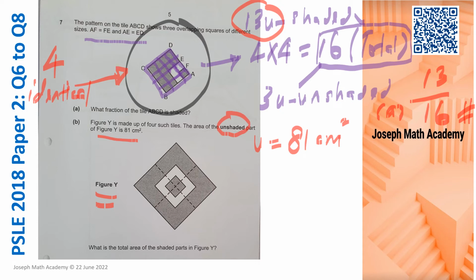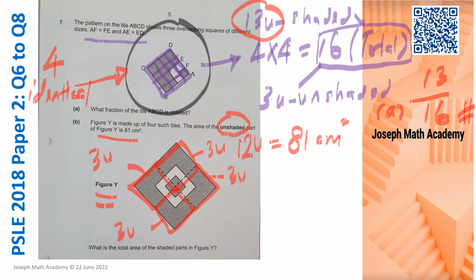Okay, right, now for one square, there are 3 units unshaded. This, another 3 unshaded units. This, the next 3 units unshaded. And over here, we have 3 units unshaded. So in total, there are 12 units unshaded.